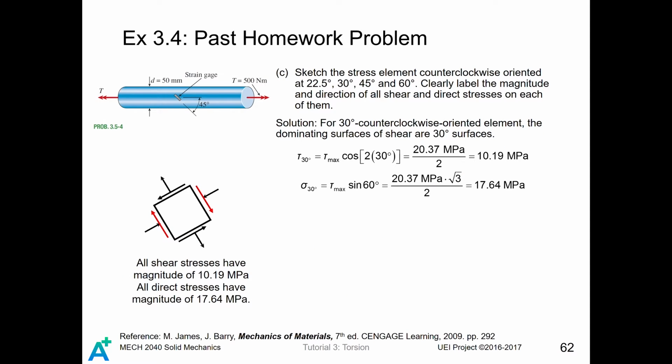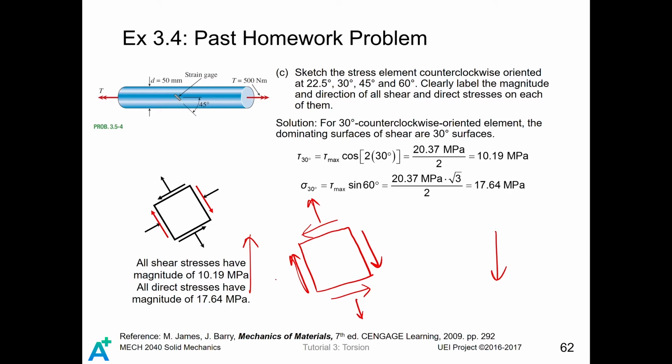For the 30-degree counterclockwise oriented element, first we determine the directions of the stresses on this stress element. For this element, it is just 30-degree oriented. The positive torque will generate the shear stress like this. Then we can draw the shear stress on the dominating surfaces, and we finish the rest of them. For positive torque, still the axial load is tensile in this direction.